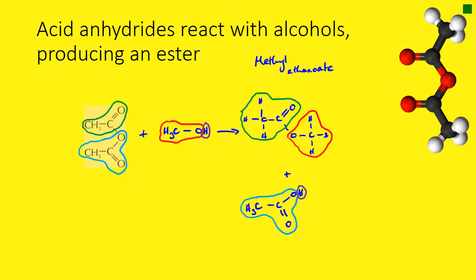So let's name our little bits. This green bit that ended up over here is our ethanoyl. And this light blue bit that ended up over here is ethanoate.